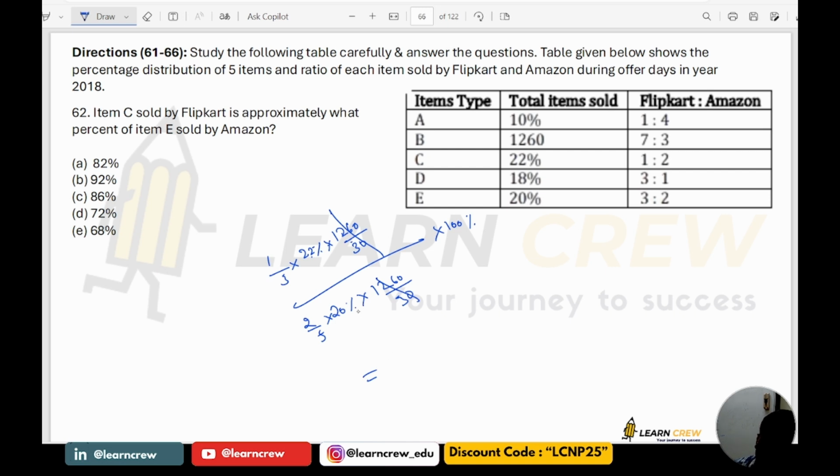Approximately how much? 2 tens are and 2 11s are, and you are going to get 55 by 2. It is 3 into 2 is 6. 50 into 11, 550 by 6, approximately equal to 92%. 92% you are going to get.